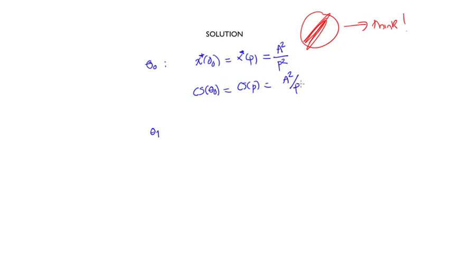Now here is the second part, when you want to compute X star of theta 1 and CS of theta 1, where you want to stop and think. What does it mean to have a tax? From the point of view of the consumer, it basically means that the price has doubled. So the optimal behavior of the consumer at price P, when it faces a tax of 100%, is just the demand at a price of 2P without the tax.